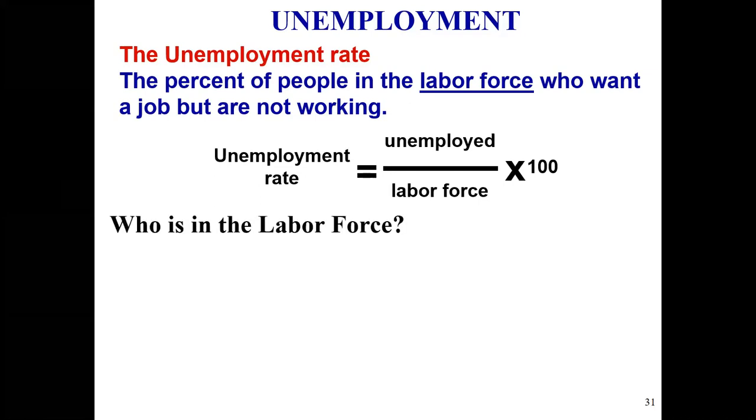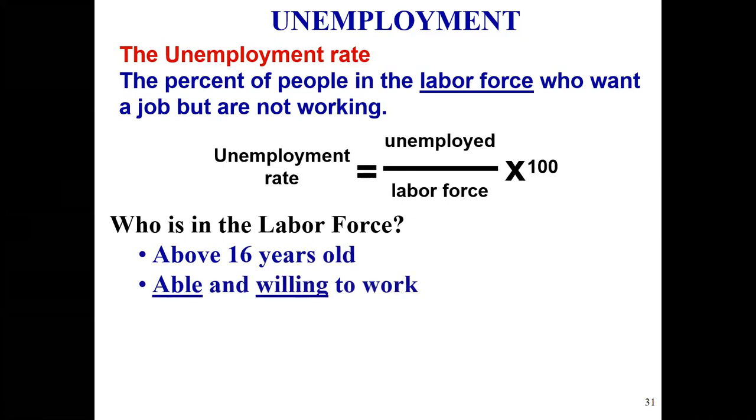Okay. What is the labor force? You've got to be above 16 years old, able and willing to work. A stay-at-home mom is not part of the labor force. Why? She's not willing to work. A discouraged worker is not part of the labor force. Why? Because they're not looking to work.